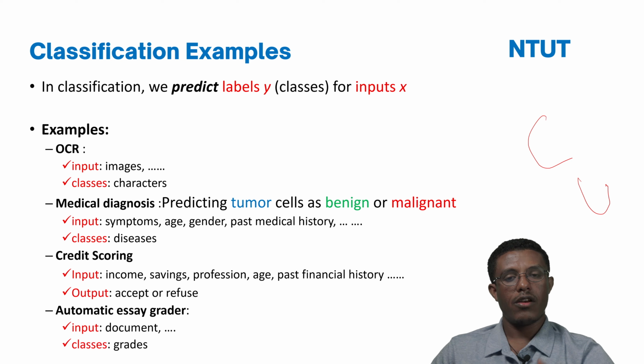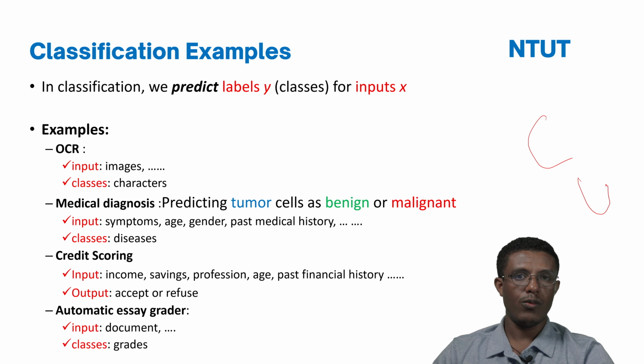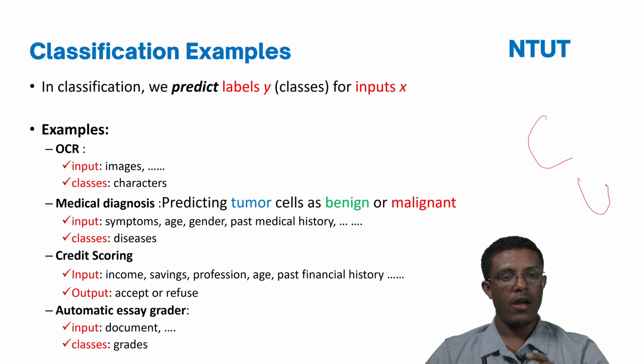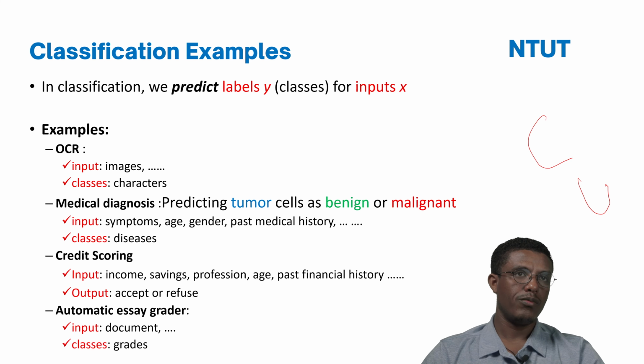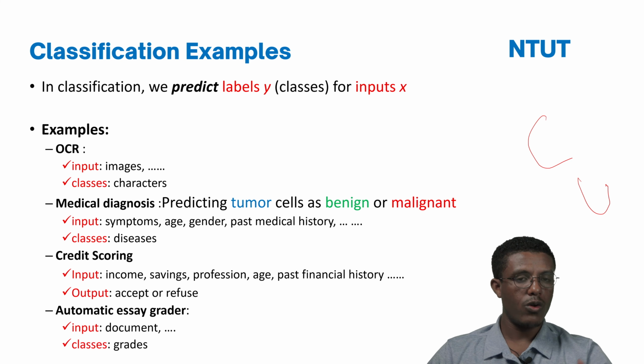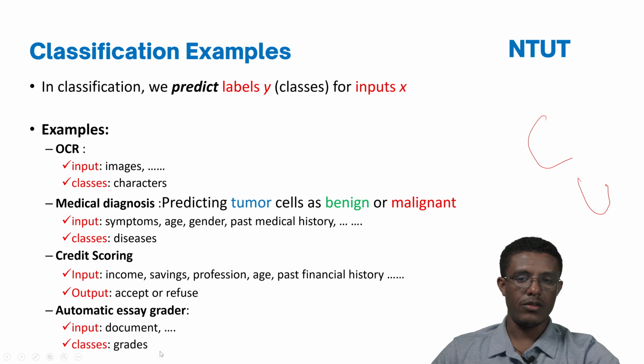Automatic essay grader means we can collect the assignments from the students, and then in order to evaluate that document or assignment, we can develop automatic essay graders. As an input, we can give the document or the assignment of the student, and then the class is assigned by considering different contents of the assignment, giving different grades for those documents.